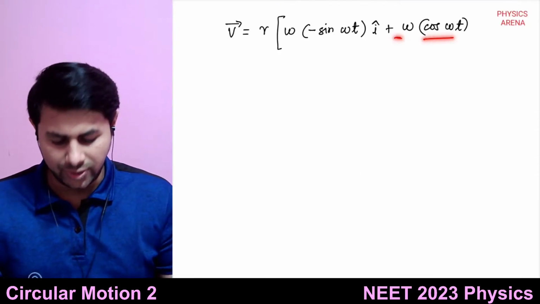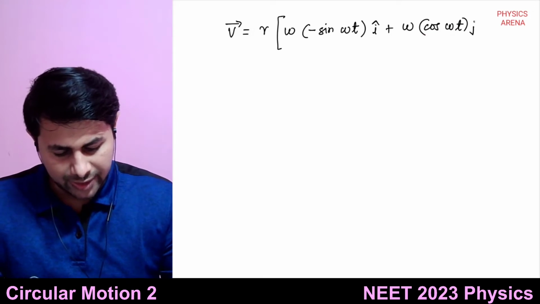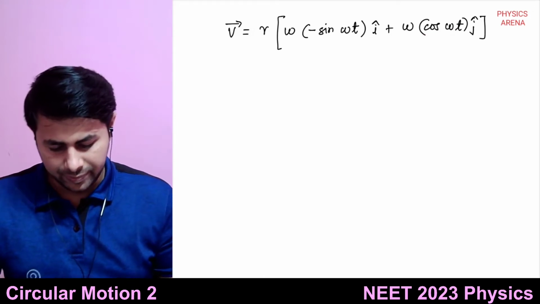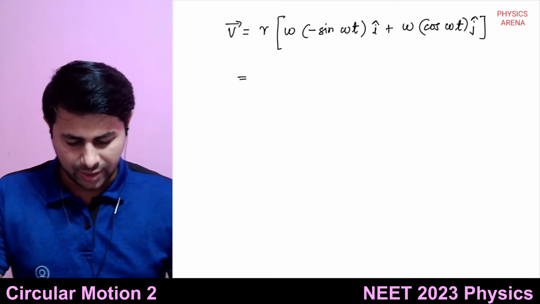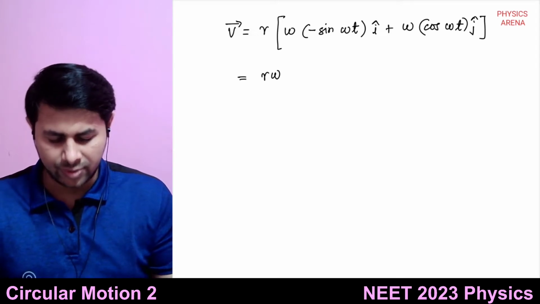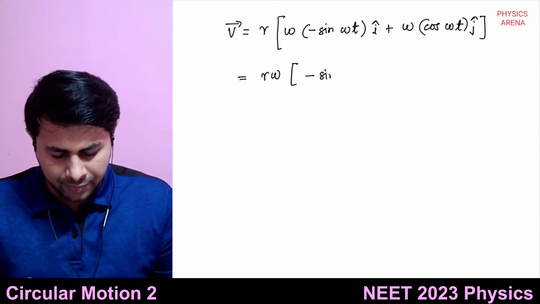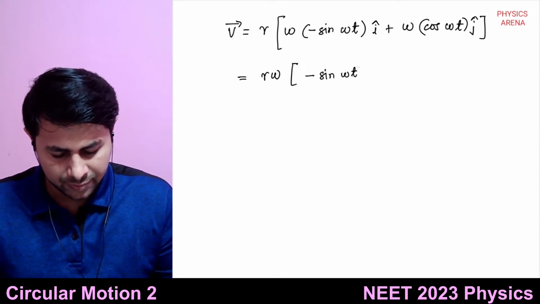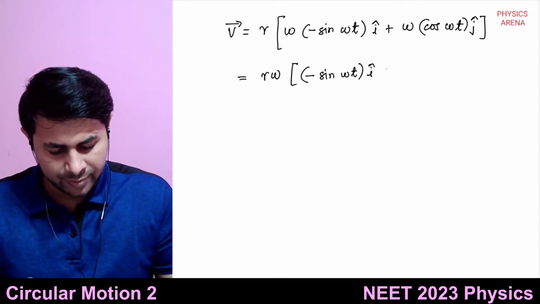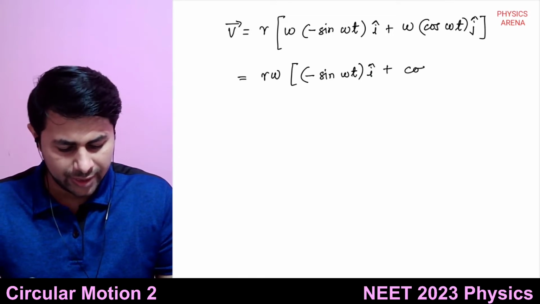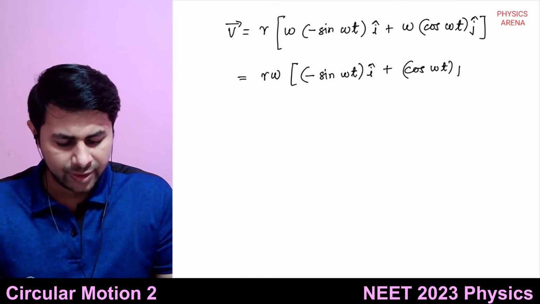Okay, so omega cos omega t multiplied with j cap. Then you can take this omega out. So you can write this as r omega times minus sin omega t multiplied with i cap plus cos of omega t multiplied with j cap.